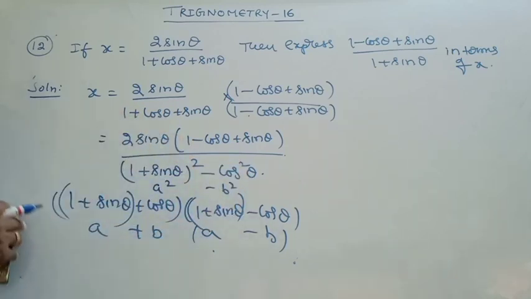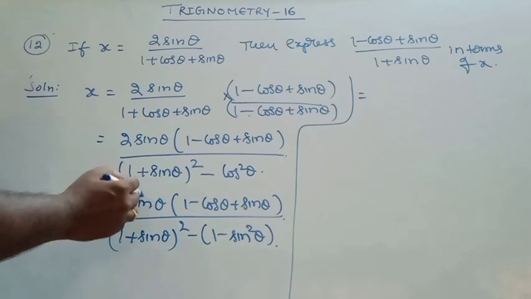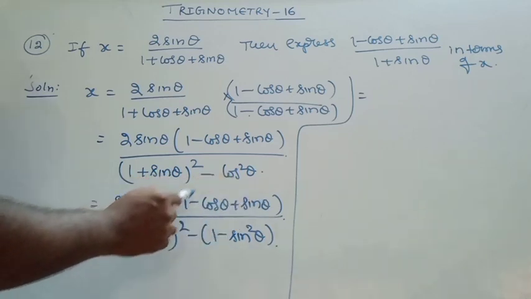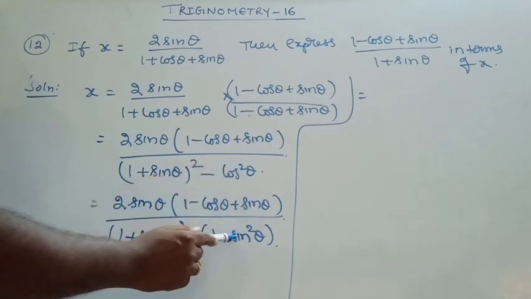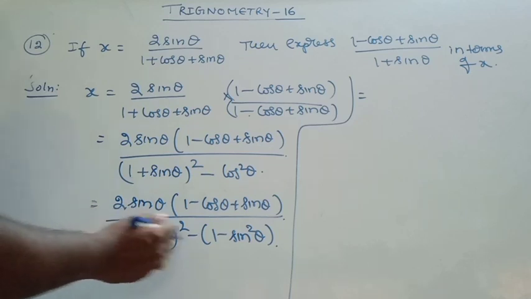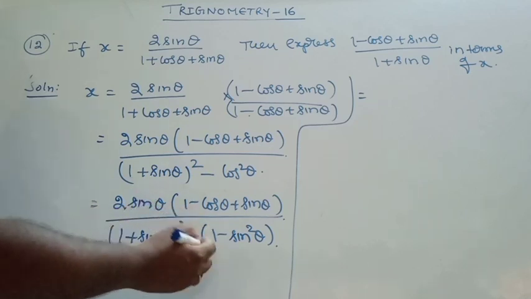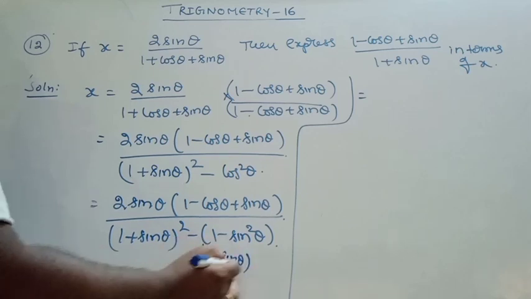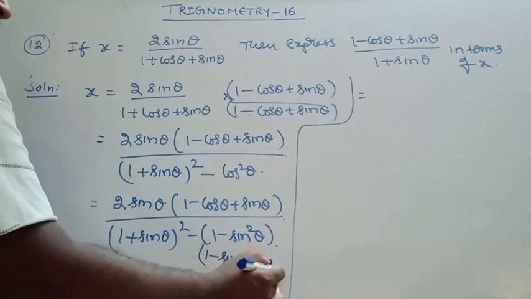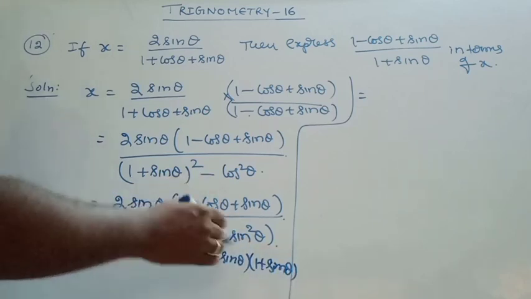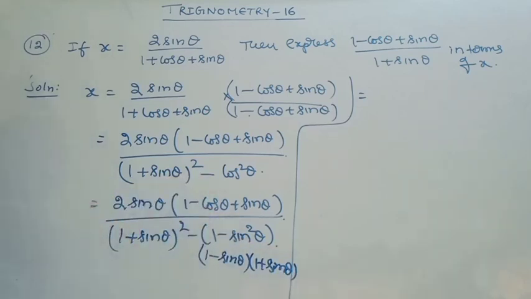Okay, fine. Now this is 2 sin theta into 1 minus cos theta plus sin theta by 1 plus sin theta whole square minus cos square theta. This cos square theta we write as 1 minus sin square theta, right? Now 1 minus sin square theta we can write nicely as 1 minus sin theta into 1 plus sin theta. And in this 1 plus sin theta is common, we can nicely take common.